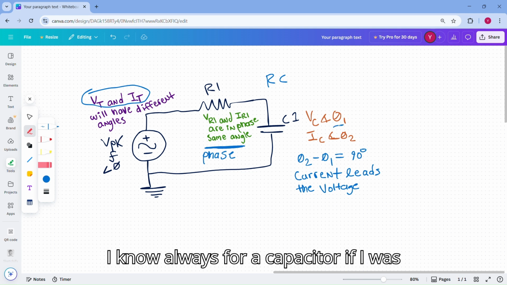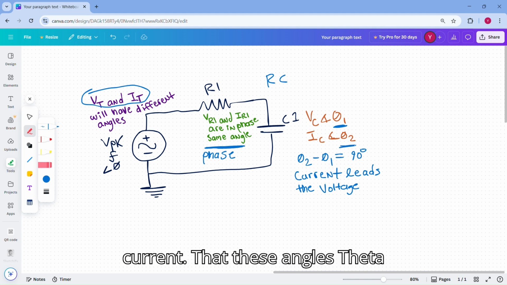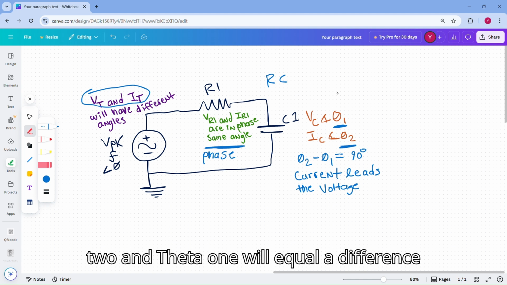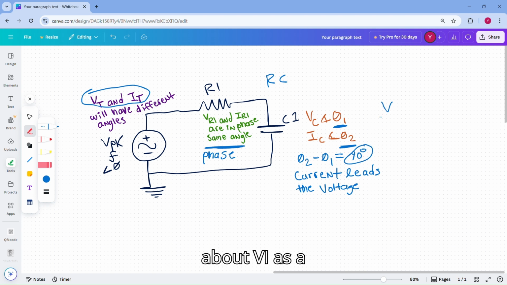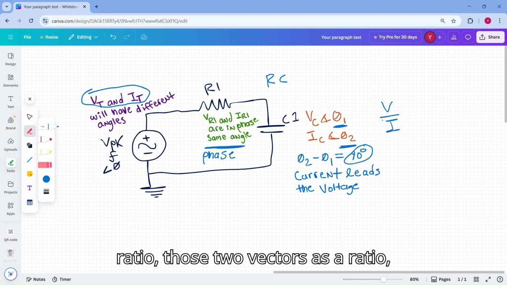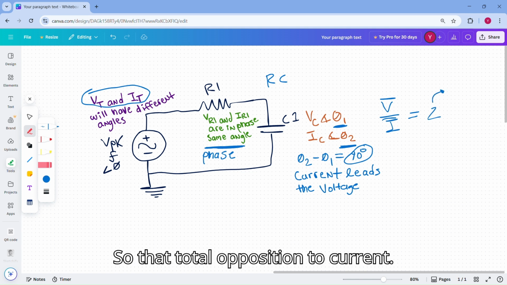I know always for a capacitor, if I was comparing the voltage of it to the current, that these angles theta 2 and theta 1 will have a difference of 90 degrees. And so when I'm thinking about V over I as a ratio, those two vectors as a ratio, I can get to my description of Z, that total opposition to current.